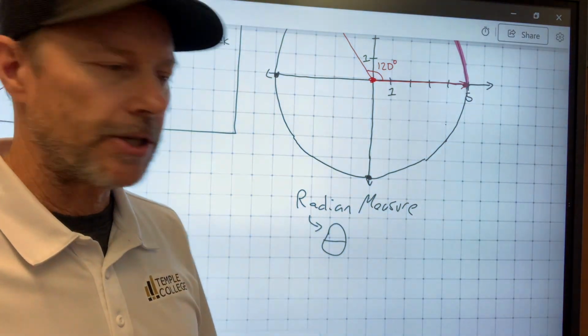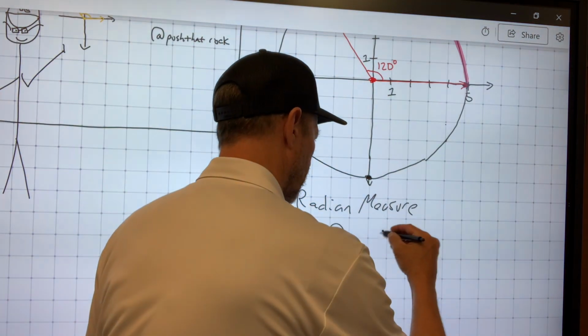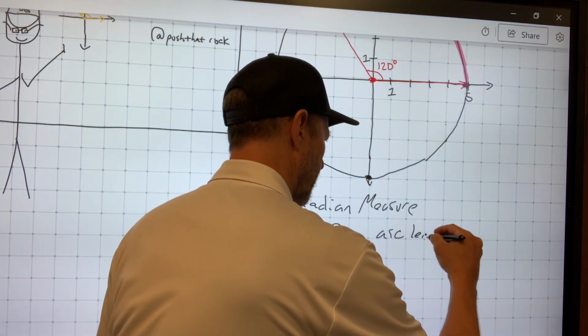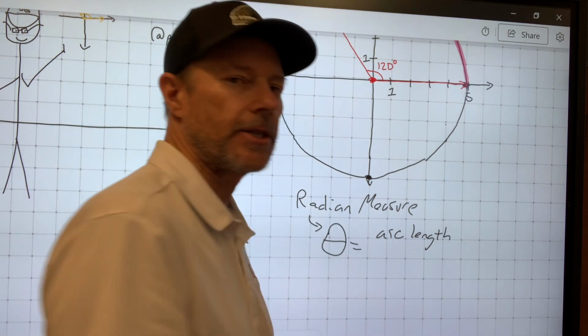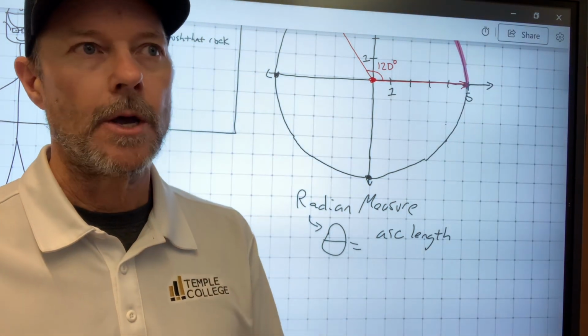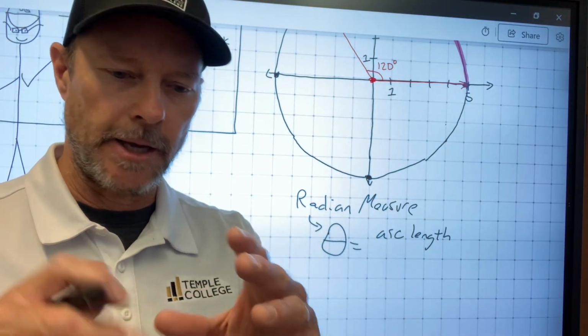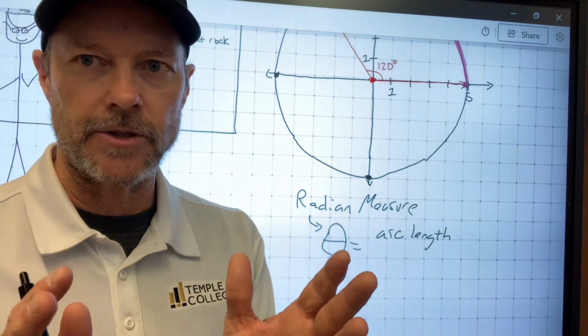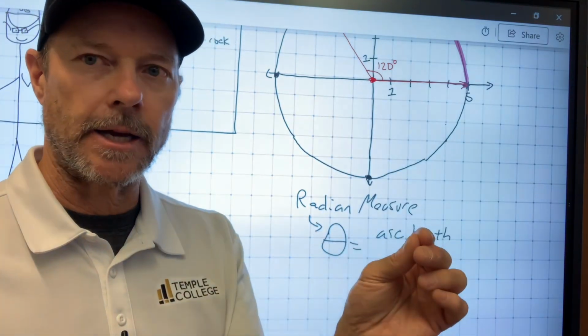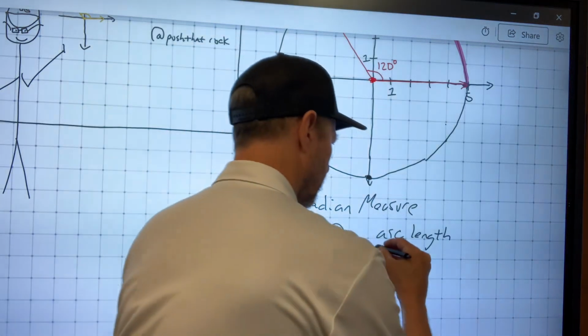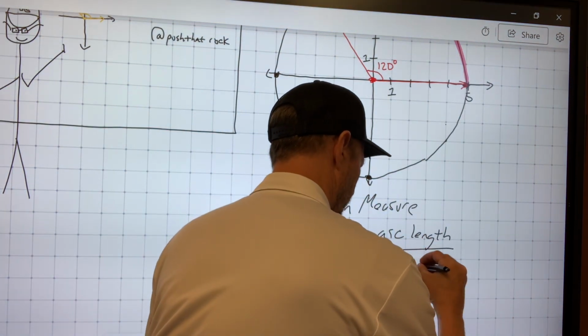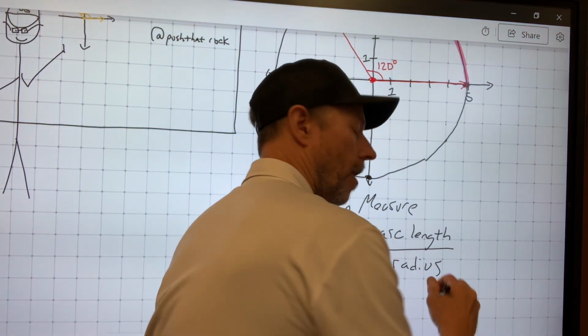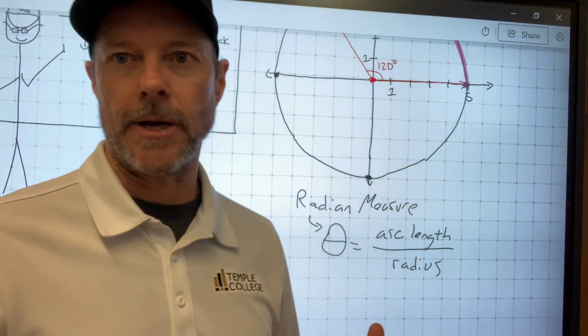Okay, so the radian measure is equal to the arc length that the angle cuts out in a circle. So any angle can be put so that the vertex is the center of the circle, and the arc length that it cuts out divided by the radius of that circle is the radian measure.